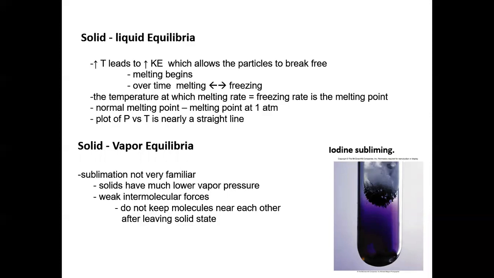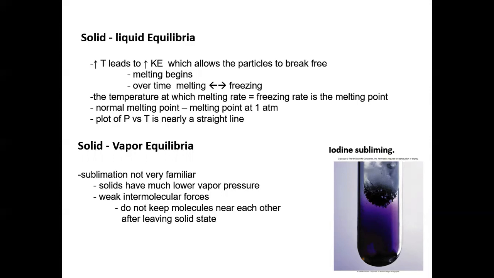It's this balance between melting and freezing. The temperature at which the melting rate equals the freezing rate is the melting point. Whenever we refer to melting point, it's at a constant temperature. When you melt something, the temperature of that substance remains the same until all of the substance is melted or all of the substance is frozen.